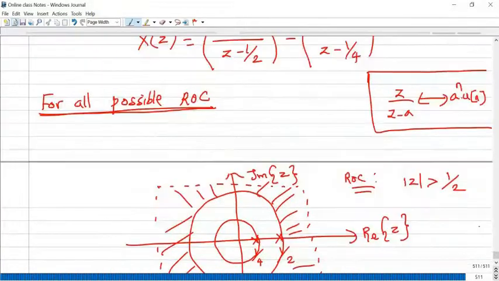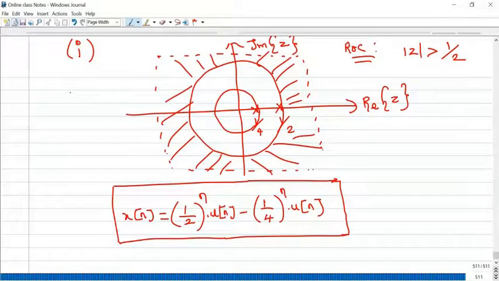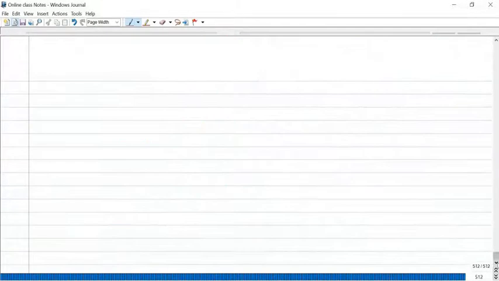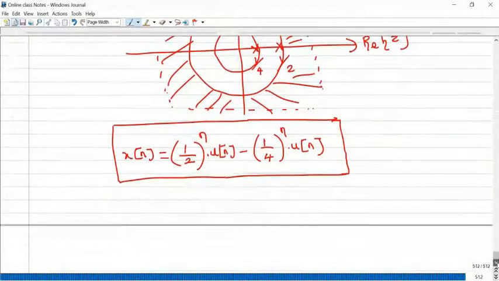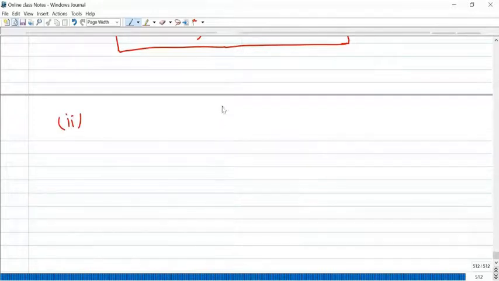The case 1. Next, if we assume the ROC is inside of the innermost pole. Assume ROC is inside of the innermost pole. So there are two poles in this transfer function.